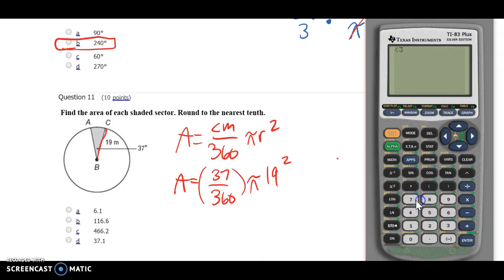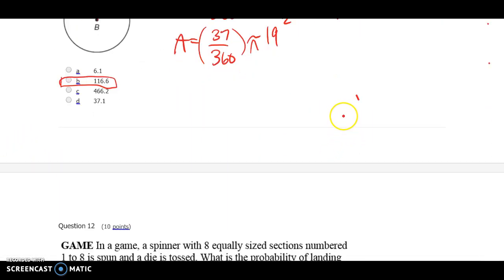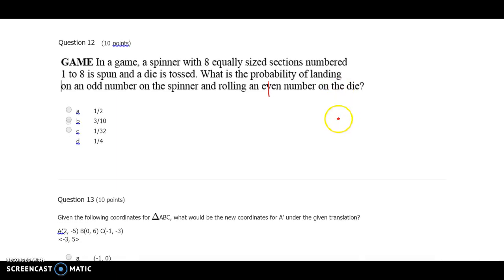So 37 over 360 times pi times 19 squared. Okay, and we see we got 116.6 rounded to the nearest tenth, and that's answer choice B. Not too bad.